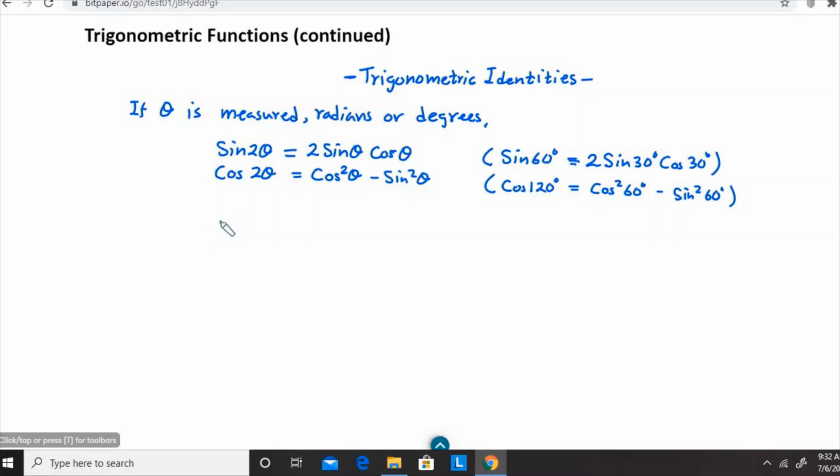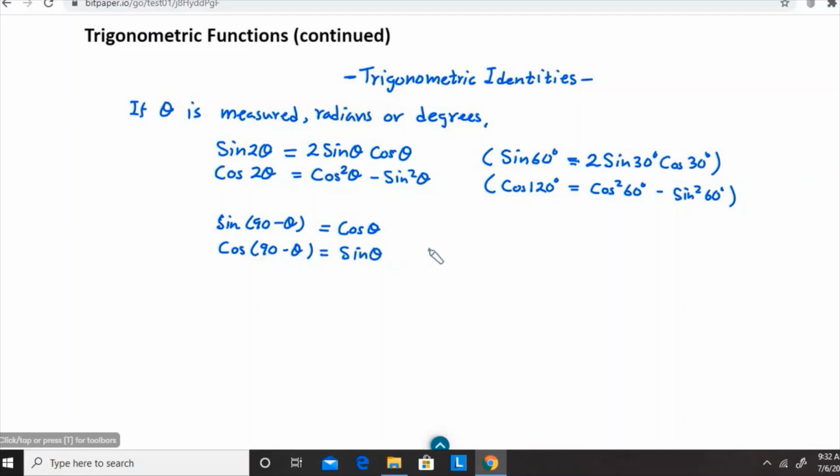The second set of identities that will be important are like sine 90 minus theta. So sine 90 minus theta equals cosine theta, and cosine 90 minus theta is equal to sine theta.